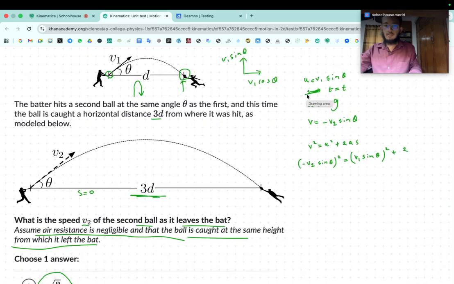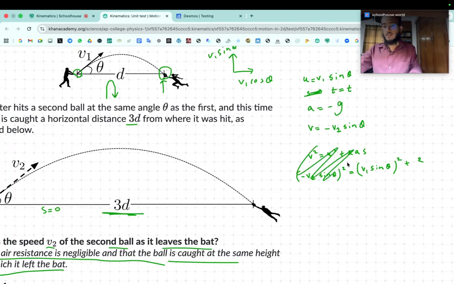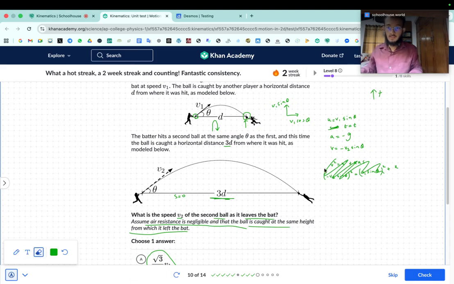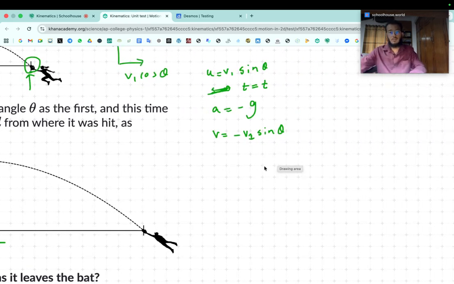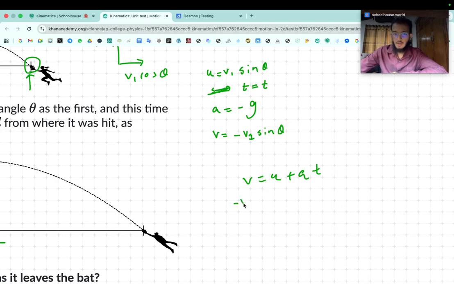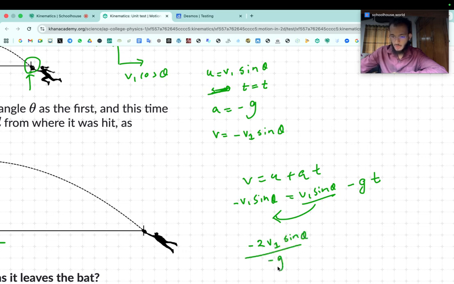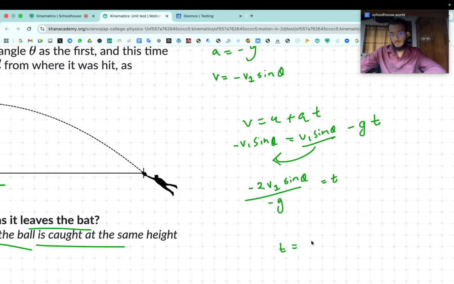We want to find an equation that has t in it. So it's v equals u plus at. Why? I'll tell in a moment. So negative v1 sine theta equals v1 sine theta minus gt. If you take this, it becomes negative 2v1 sine theta divided by negative g equals t. T becomes 2v1 sine theta over g.